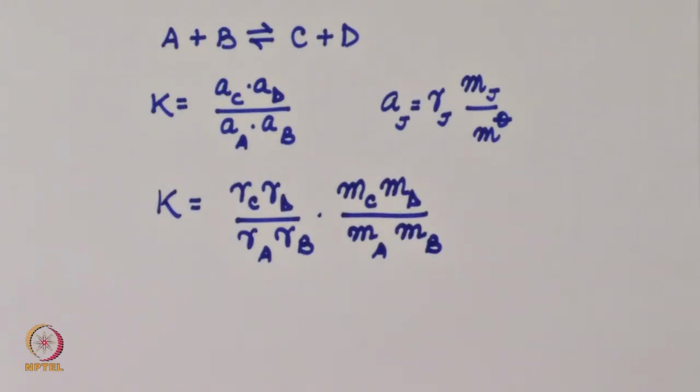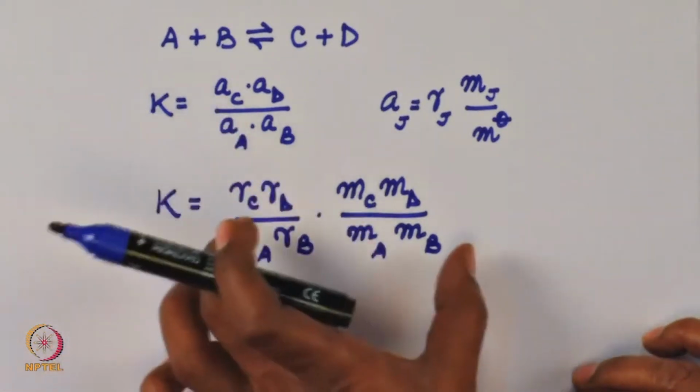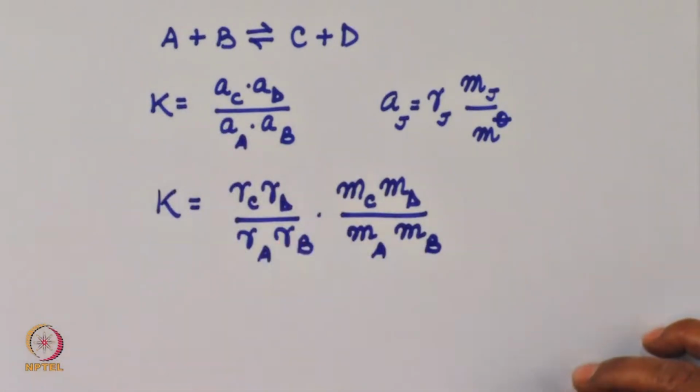So, I am not writing m naught. What I have done is, instead of activity, I have put gamma times m and then separated the gamma terms and separated the m terms.